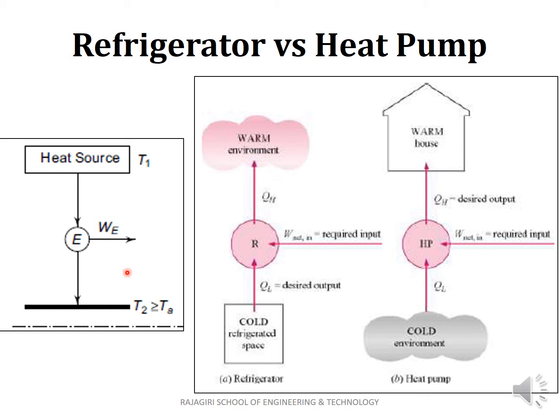But a refrigerator, this is the representation of a refrigerator. A refrigerator transfers heat from a low temperature thermal reservoir to a higher temperature thermal reservoir by getting work from external means. So this also works as a cyclic process.